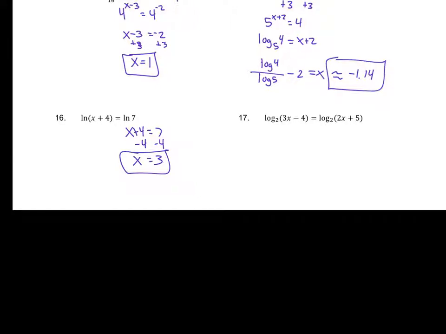And then same thing here, 3x minus 4 equals 2x plus 5. Both sides have log base 2, so we're going to subtract 2x. And then add 4. X equals 9.